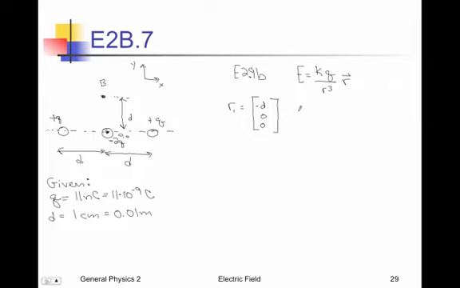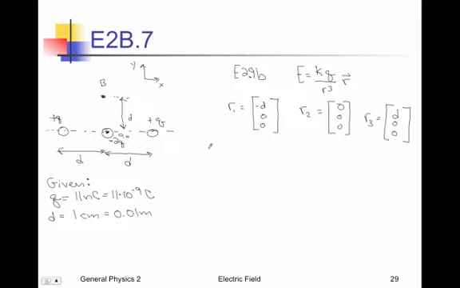Let's talk about R2. The vector for that, because it's located at the origin, is just 0, 0, 0. And R3 is a lot like R1: our x position is a positive D, and our y and z positions are 0. Now we want to find R, the magnitude of the distance from our charge to the location where we're interested.